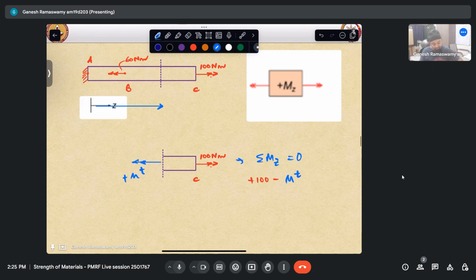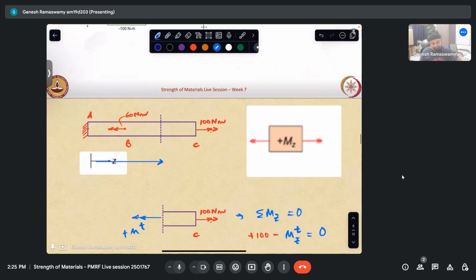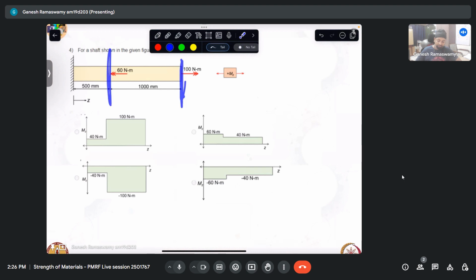So mt at z equaling 0, therefore mtz equals 100 Newton meter. And where is this valid? It is valid between this point and that point. So what is z here? Z is 500 mm. From z equal to 500 to z equal to 1500, this is valid.